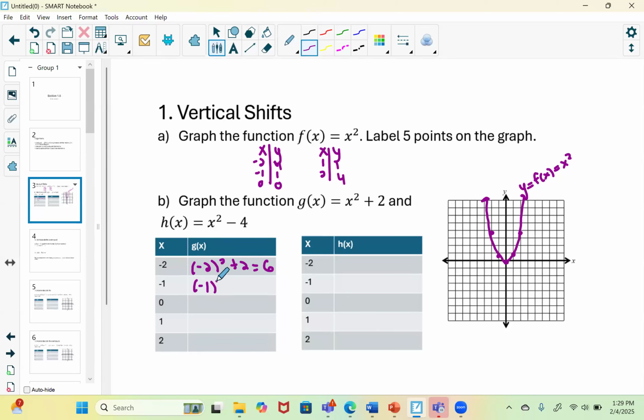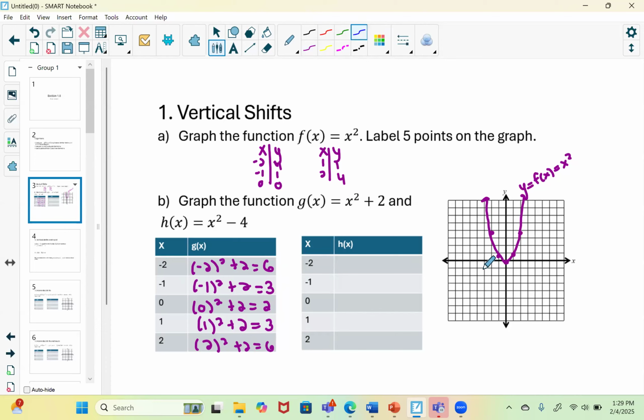Negative 1 squared plus 2 gives me 1 plus 2, which is 3. 0 squared plus 2 gives me 2. 1 squared plus 2 gives me 3. And then 2 squared plus 2: 2 squared is 4, and 4 plus 2 is 6.